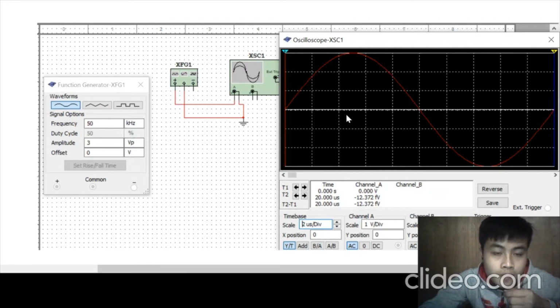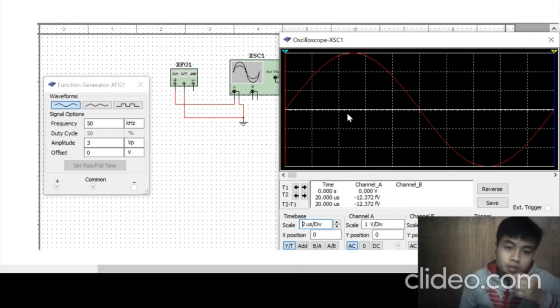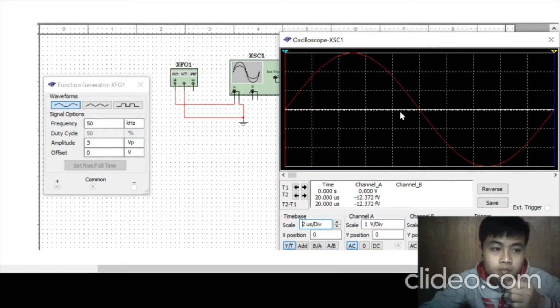The question asks to find the voltage peak to peak. We already have the voltage peak, which is 3 volts, and the voltage peak to peak is from this peak to this peak.